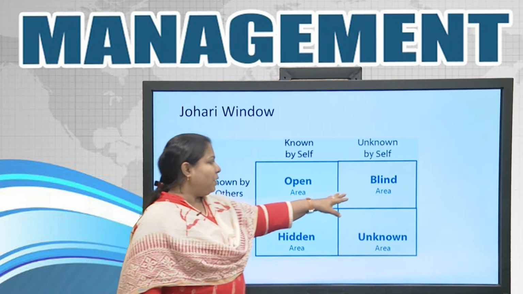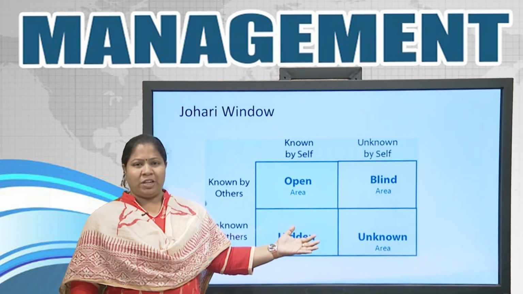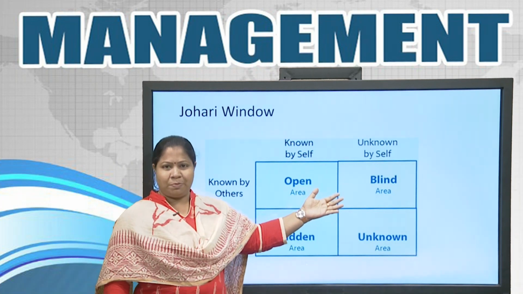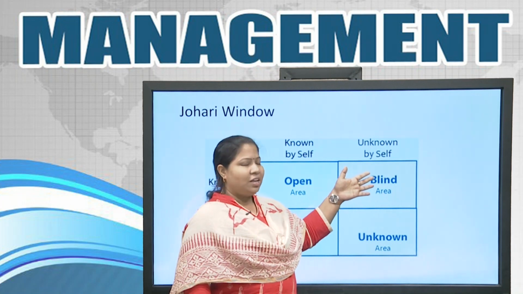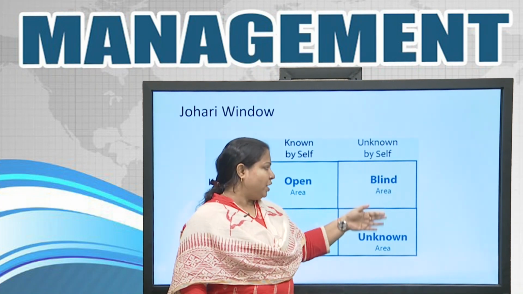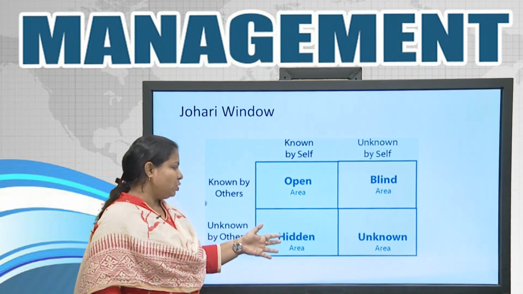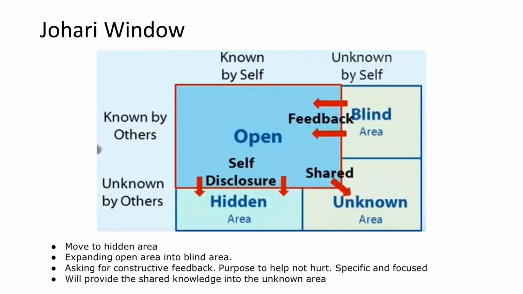Next is blind, where we can ask for feedback. Feedbacks are always welcome. Feedbacks should be specific, should be honest, so that here you can improve yourself. This is an organization point of view. And last one is you should share. Here I have put the arrows to understand.